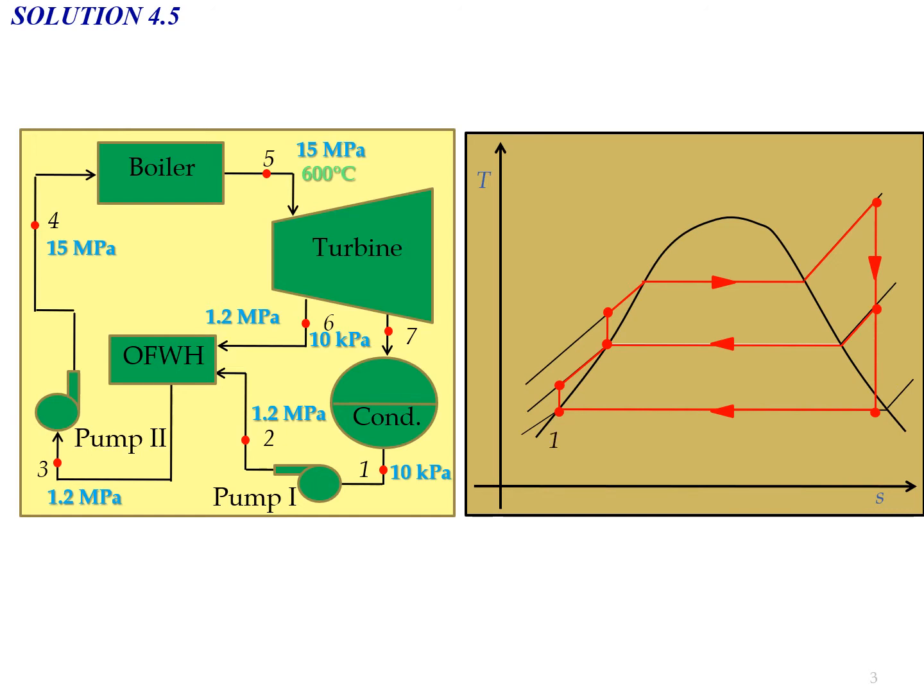And from the T-S diagram, we know that state 1 is here, at 10 kPa, and state 2 and state 3 at 1.2 megapascal, and state 4 is 15 megapascal, and we know there is state 5 which is at 600 degrees Celsius, and state 6, and then state 7.